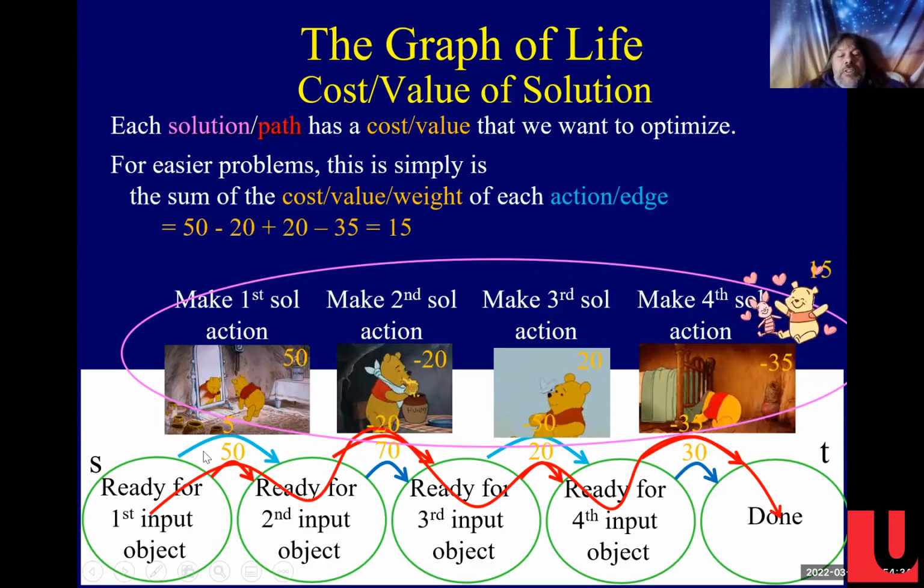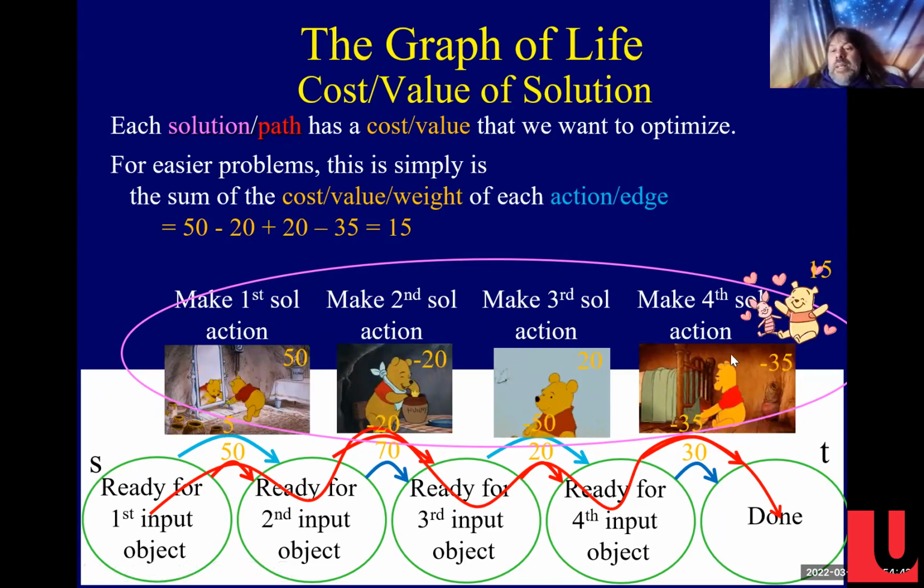And so this path here is just going to be the sum of these choices made, and it's a kind of medium solution. So he's mediumly happy, and it's a mediumly good solution. Everybody kind of buy that?